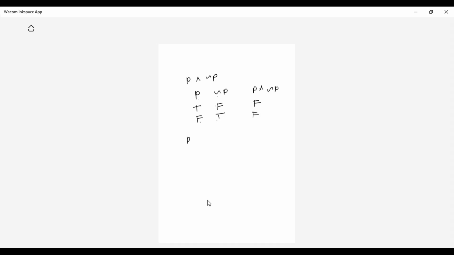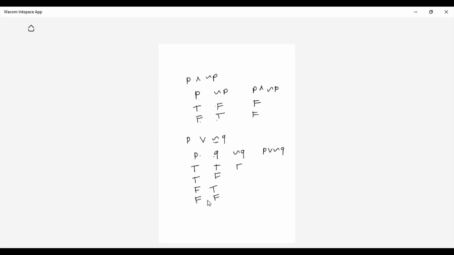Suppose I ask you P or negation of Q. How do I solve it? P, Q. One step at a time you have to solve. P and Q you have done. Now negation Q you have to find. So you will write negation Q, and finally you will write P or negation Q. So again I'll have true, true, false, false, then true, false, true, false for Q. Negation of Q: what is the negation of Q?